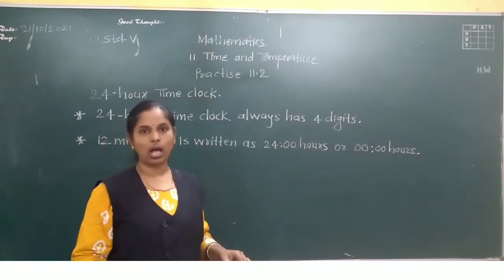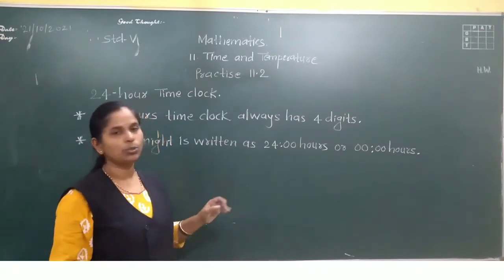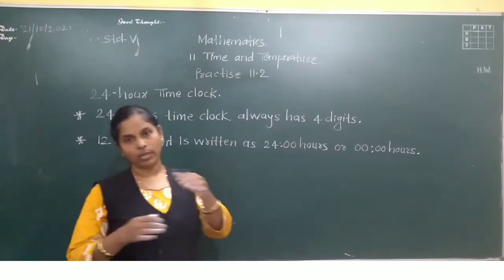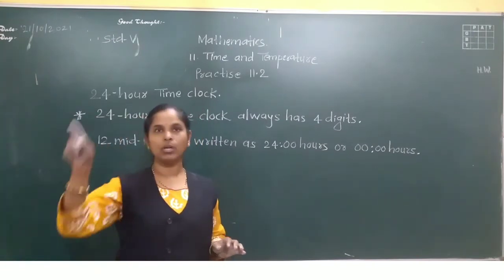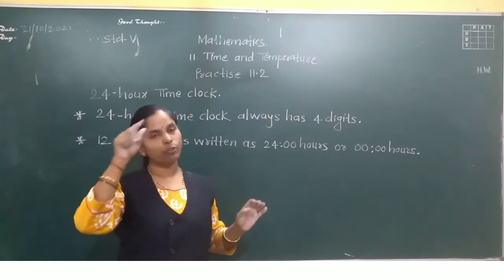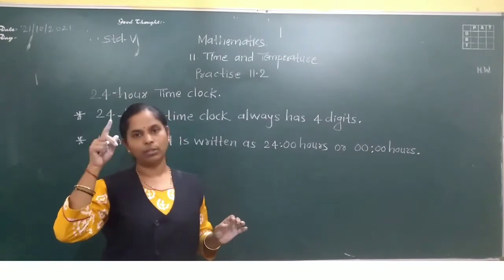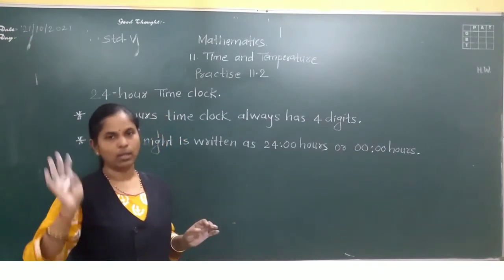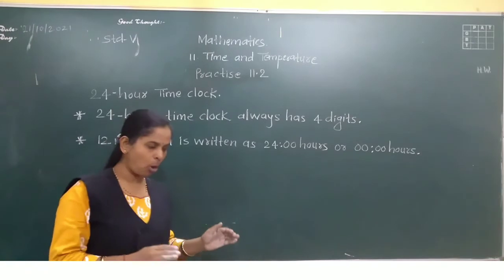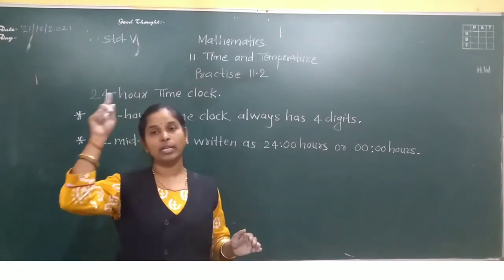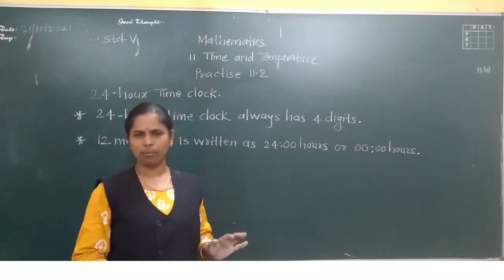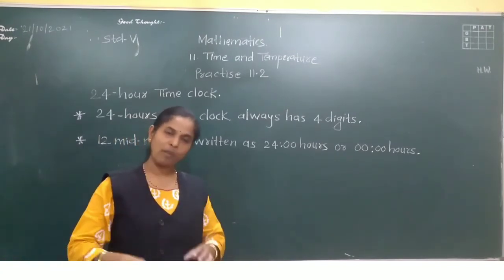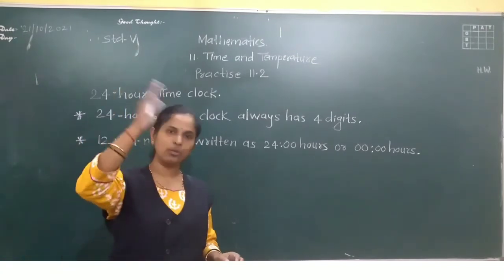Normally, in our day-to-day life we use the 12-hour clock. On the clock also, if you see, only 12 numbers are there, 1 to 12, and we use only those. From midnight 12 to afternoon 12 noon we use 1, 2, 3, the same numbers, and from afternoon to midnight also we use the same numbers.